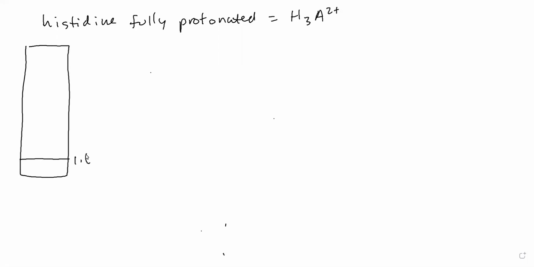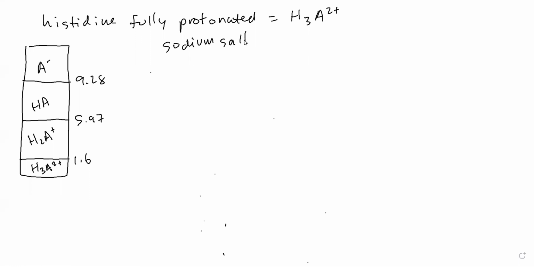pKa at 1.6, pKa at 5.97, and 9.28. The fully protonated form goes in the bottom. And then we've got all of our other forms. Now, if we think about the sodium salt, that is going to end up being the fully deprotonated form of histidine.